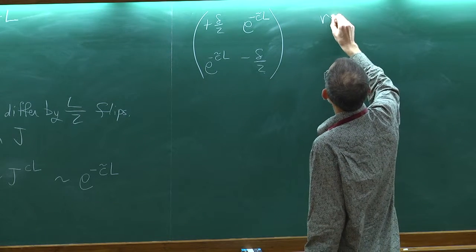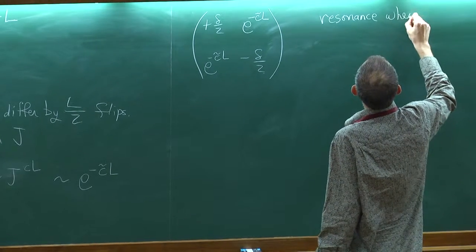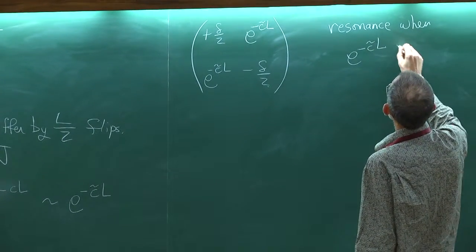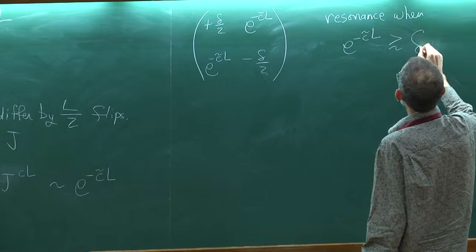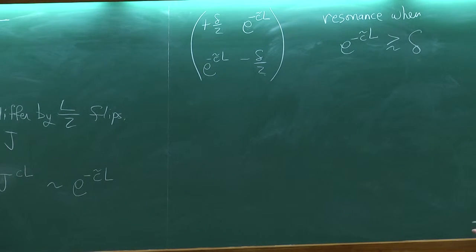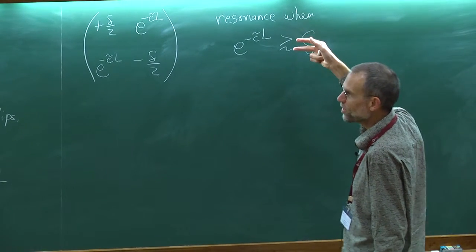But we have a resonance when the off-diagonal term is greater than or of order the level spacing, right? And when this happens, what does it mean?